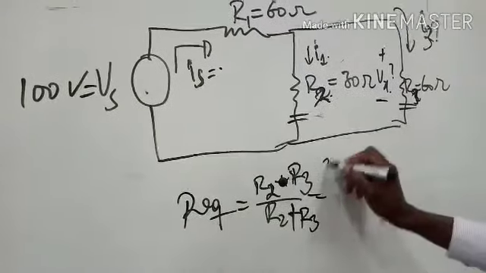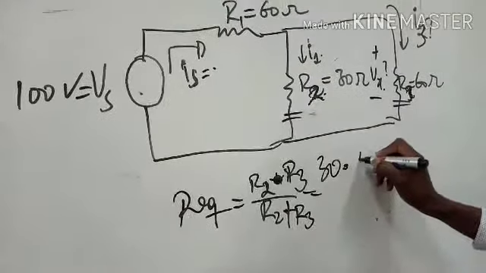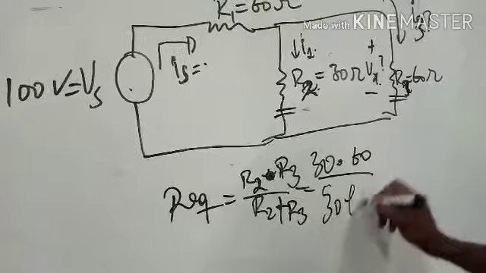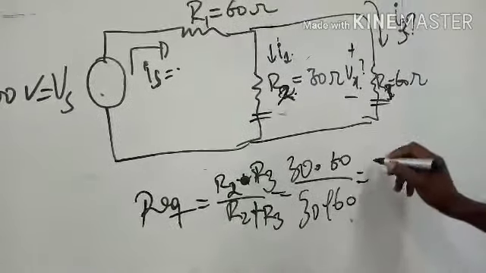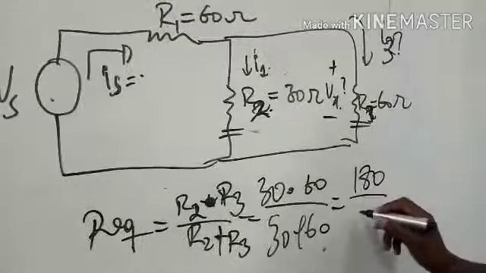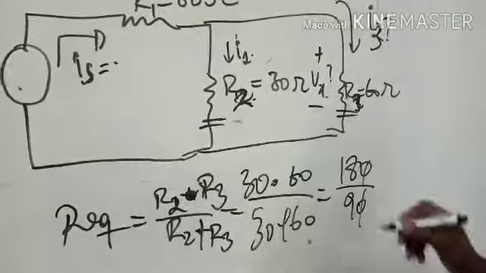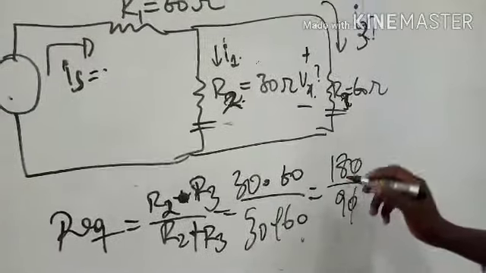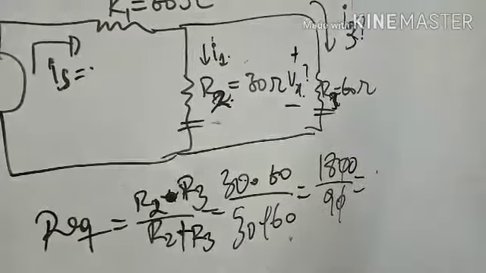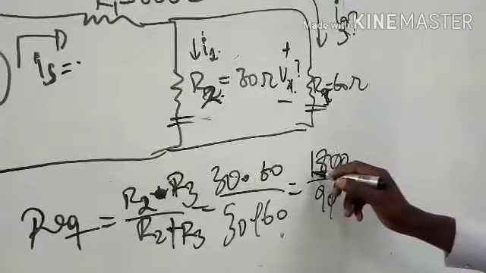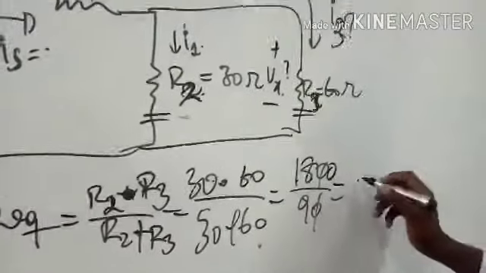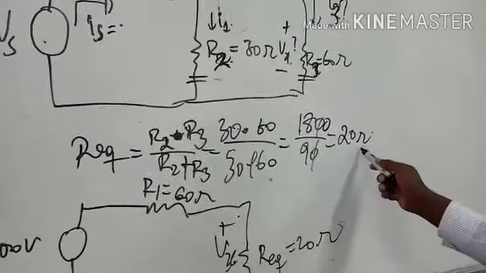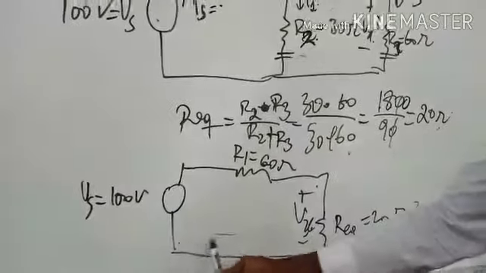So we get 30 times 60 over 30 plus 60, which is equal to 1800 over 90. Then we simplify and remain with 20 ohm for this equivalent, and then we remain with this circuit.